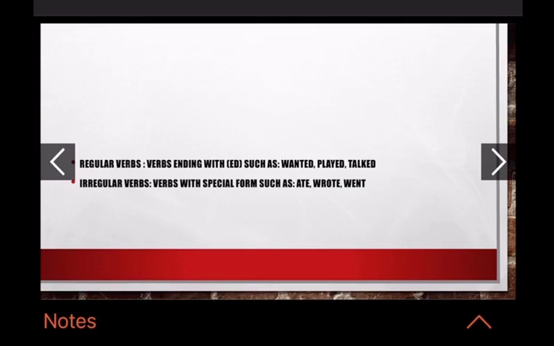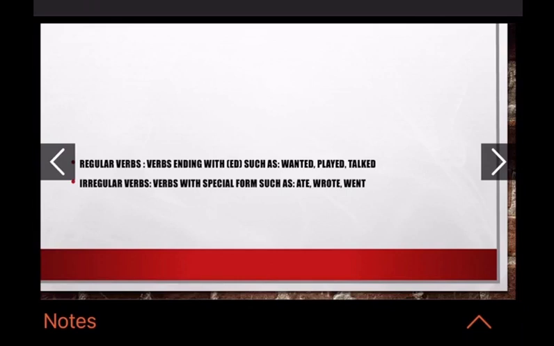Now, we have in the past simple two forms of the verbs. The first form is the regular verbs and the second is the irregular verbs. The regular verbs are the verbs ending with ed, such as wanted, played, and talked.